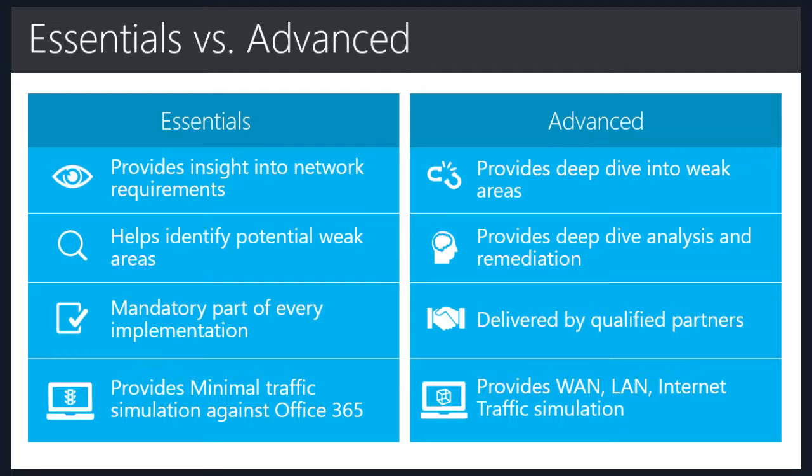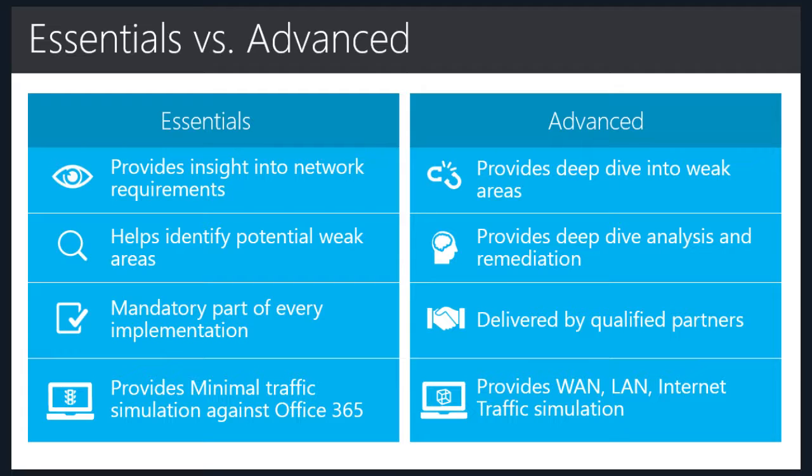It's a mandatory part of every implementation, and you should keep running it throughout your implementation. There's a minimal traffic simulation against Office 365. Basically, a tool tells you, hey, remember those network requirements we told you about, like 30 milliseconds of delay and things like that? This is how you're currently doing.